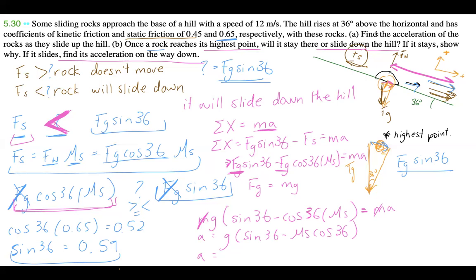All right, one last time: sine 36 minus 0.65 times cos 36. Oddly enough, I'm getting 0.61 meters per second squared. All right, that is our solution.